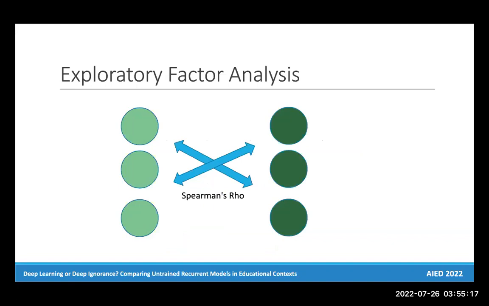We use Spearman's rho, doing an all pairwise comparison to see whether any of the trained latent factors look like the untrained latent factors. We set an arbitrary, or rather relaxed, threshold purposefully: a value above 0.6 we're saying suggests an overlap, meaning this feature is very similar to this other feature that's used by the trained model.